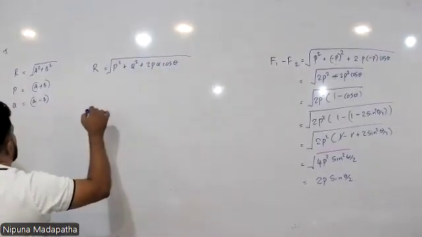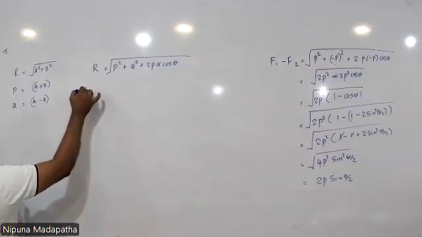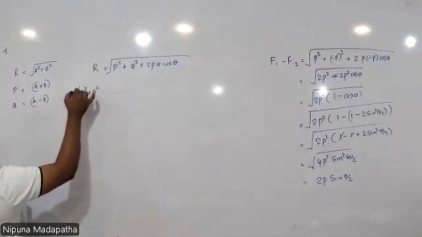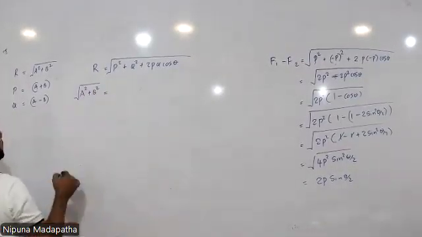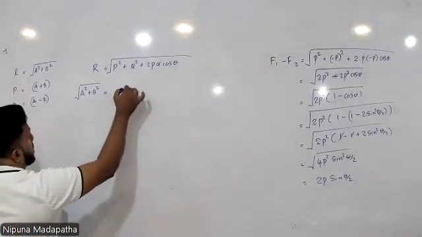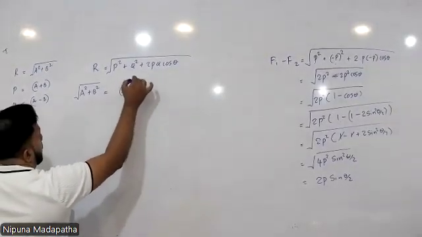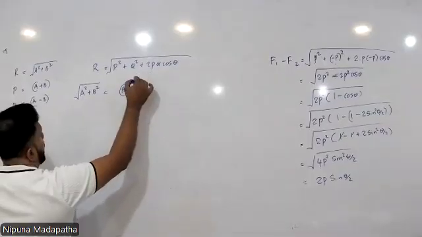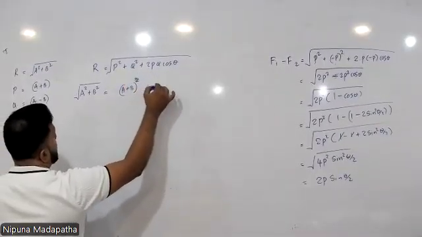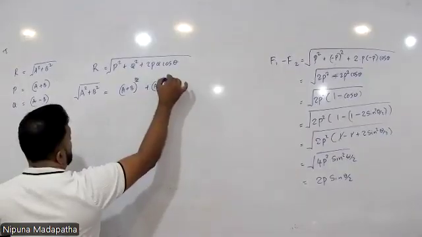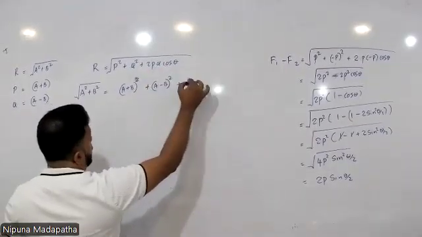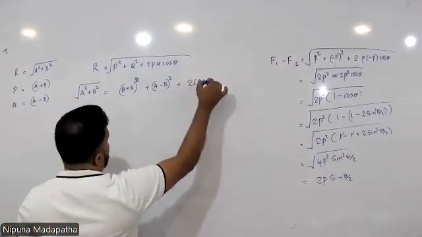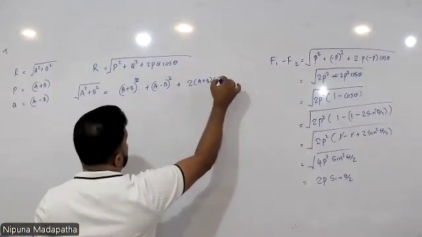R squared is A squared plus B squared, P is A plus B, and Q is A minus B.